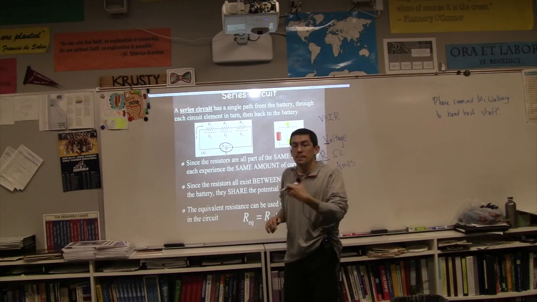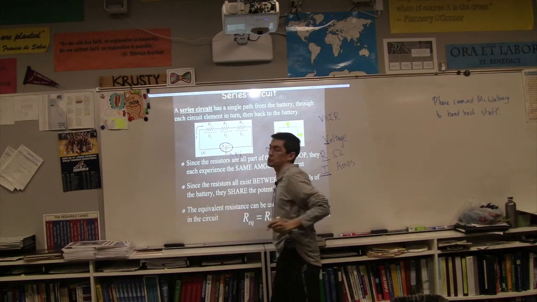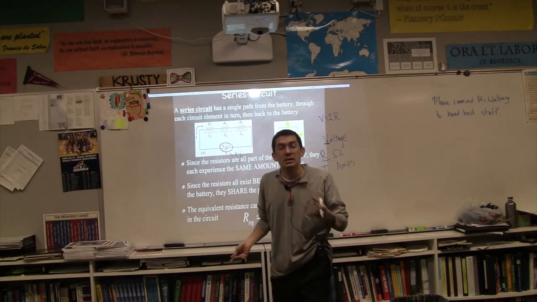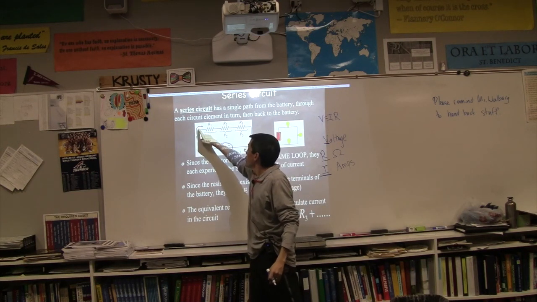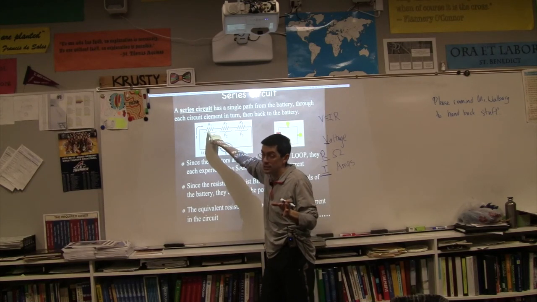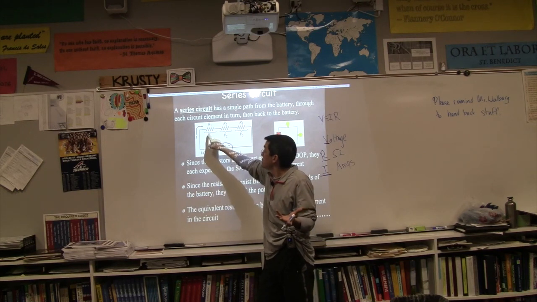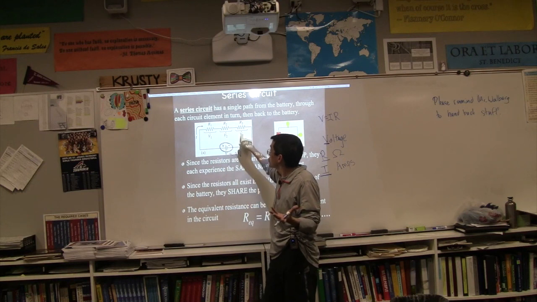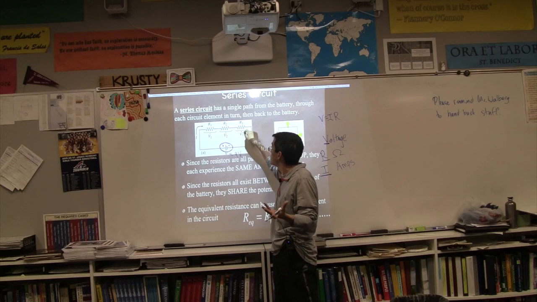So if they tell you that the voltage for this battery that you hook up in here, let's say, is 9 volts, then the electrons coming out of here are going to go through each one of these resistances. Each time they hit a resistor, they are going to undergo a voltage drop. And when you add up these three voltage drops, the voltage is going to drop a little bit, and then a little bit more, and then a little bit more.